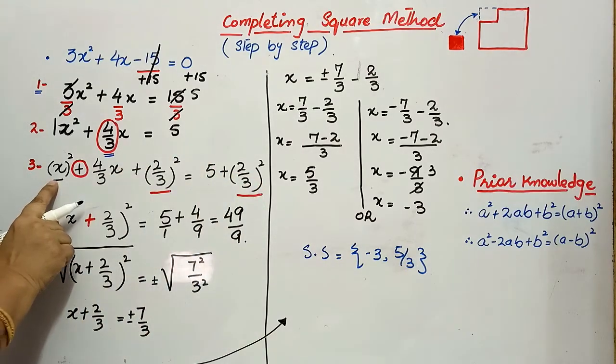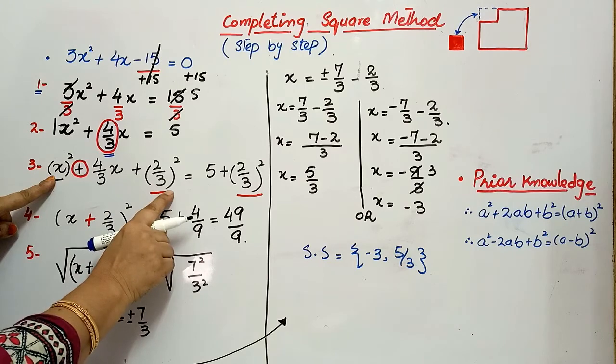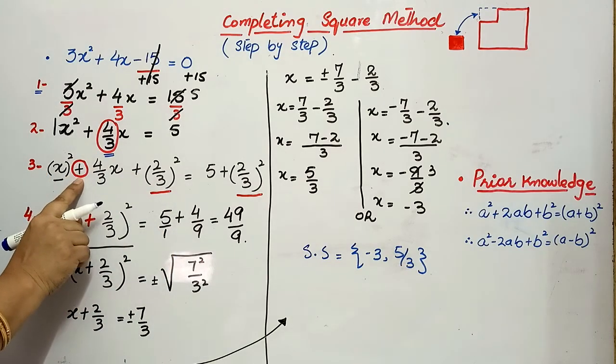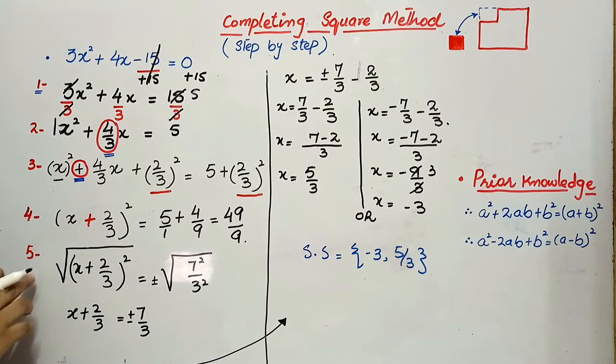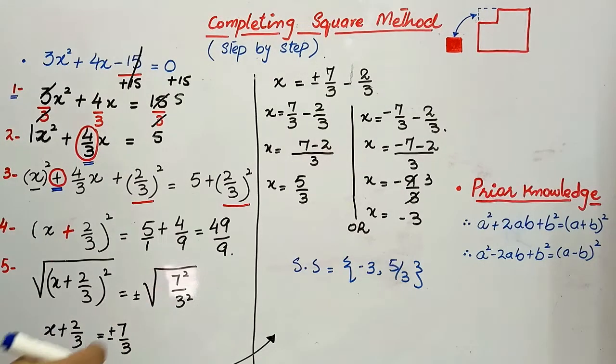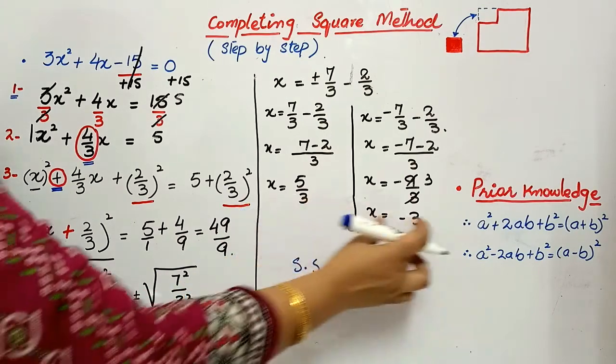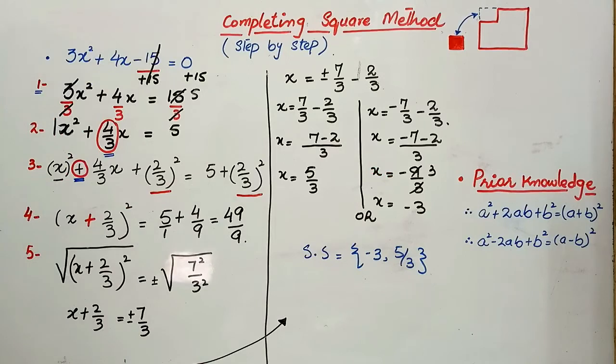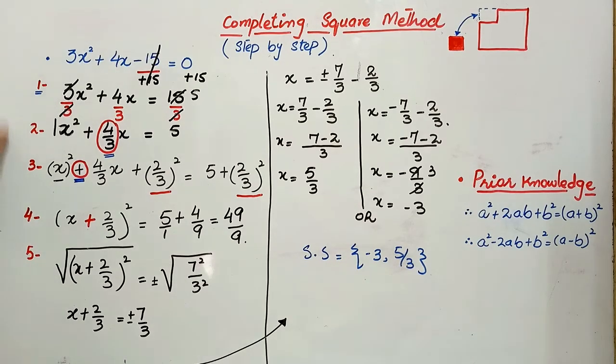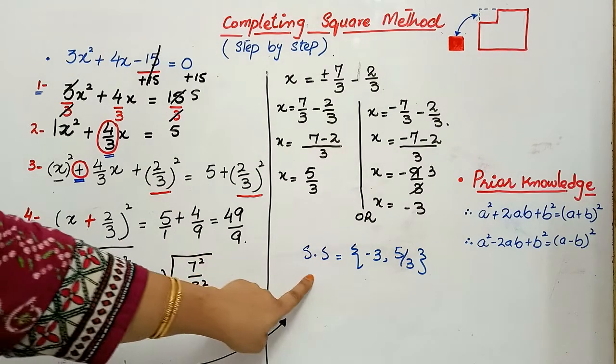You have to write this and this term with the sign in between, and take the square root on both sides to undo that square. Isolate x, and afterwards you will have two solutions for x. So this is so simple. I hope you have understood, and you can do questions by using this 5-step technique. These are only 5 steps, and after doing these 5 steps you can have your solution set.